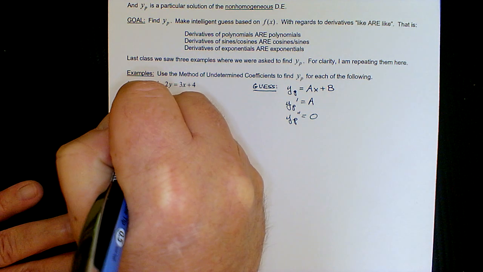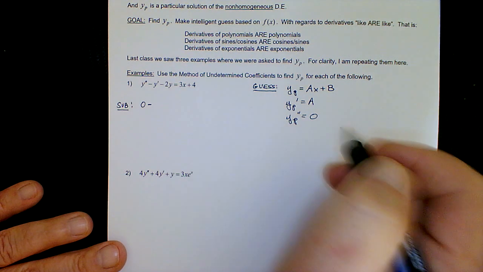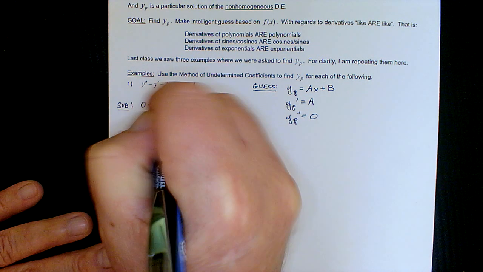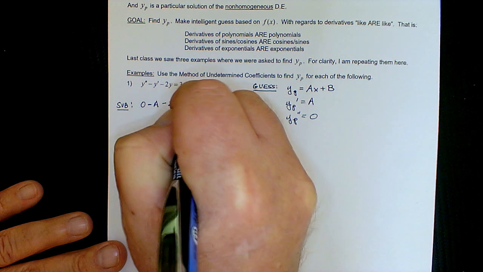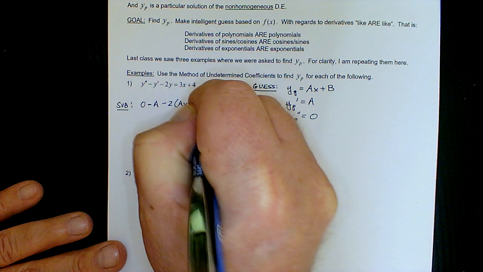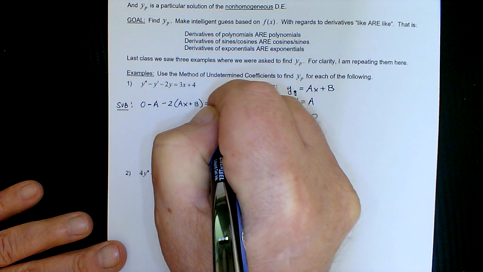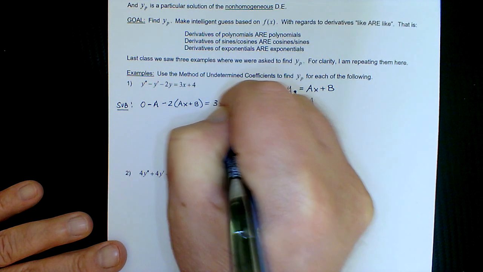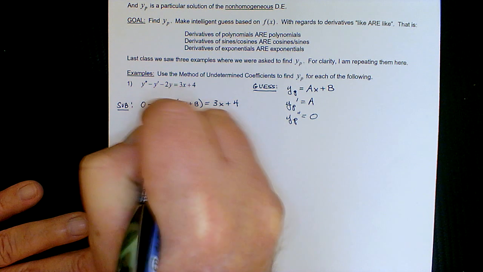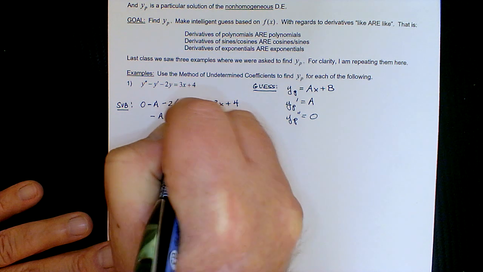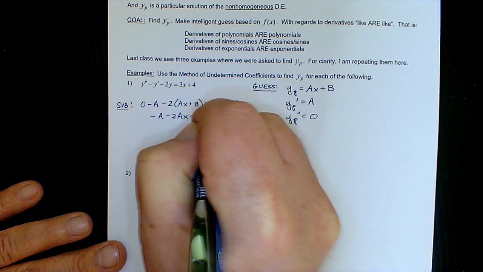And so we'd have y double prime is 0, minus y prime is a, minus 2 times y, which was the ax plus b, and that has to equal the 3x plus 4. So if you want to distribute that -2, by all means do so.